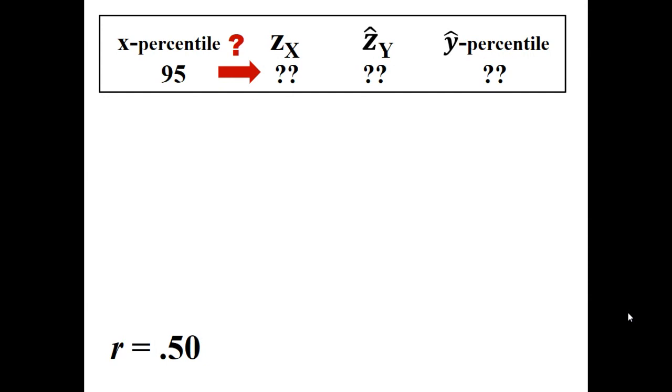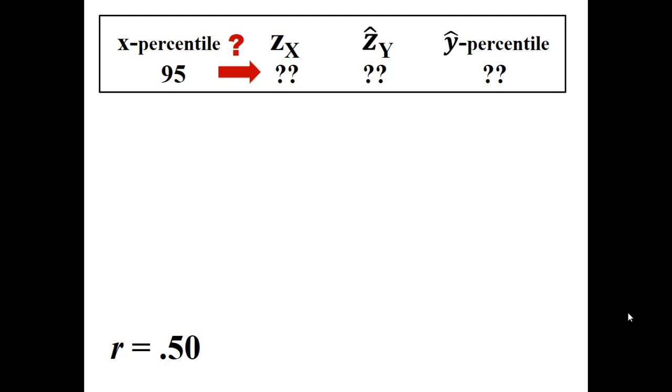So how do we transform a percentile into a z-score? If I told you somebody scored at the 95th percentile, how do you figure out their z-score? Okay, you probably got it. That's right. You use the table that gives the percentiles for z-scores.